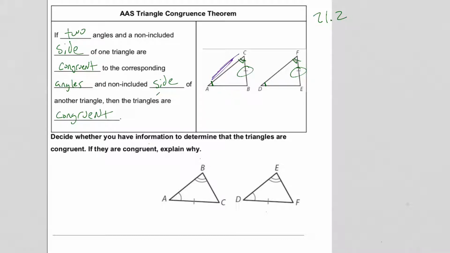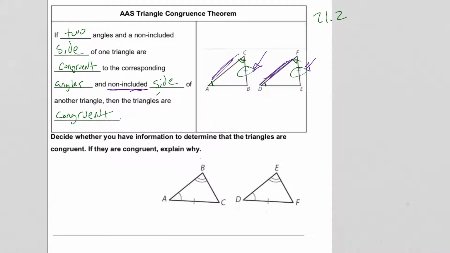These two angles share this side. So as you can see, the side we're talking about that's congruent is not included. It's definitely not this one. So hopefully that makes sense. Two angles and a non-included side.